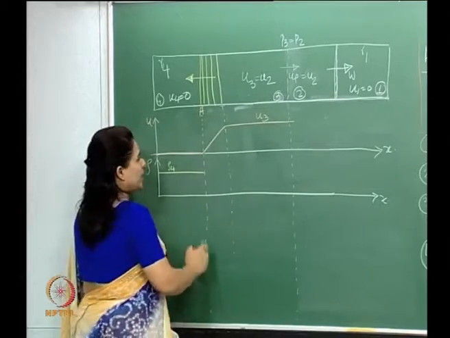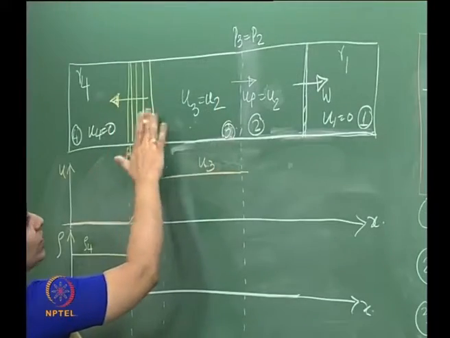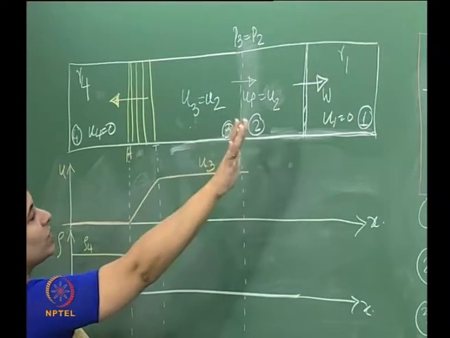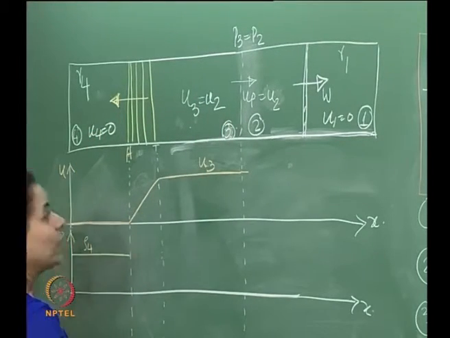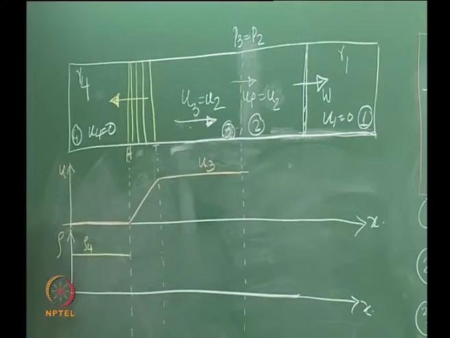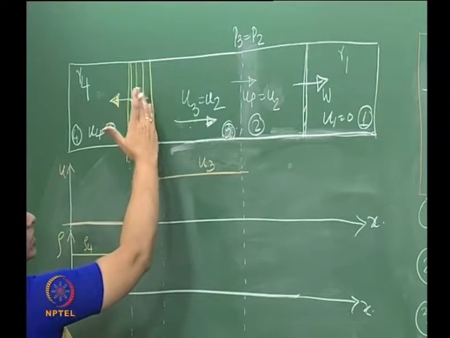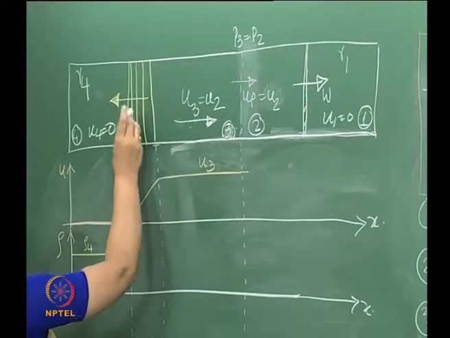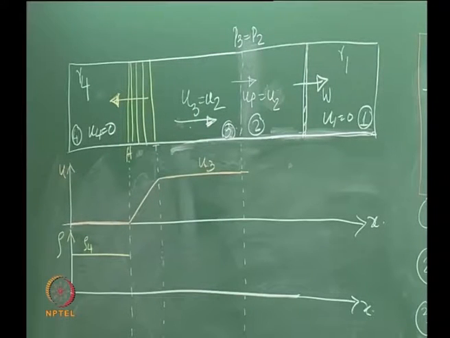In this case, I can say that the fluid here is moving to its right. So u3, the velocity of that is this way, and therefore we did see minus characteristics, right? So the wave is moving this way, but the particles within the wave are moving opposite to it.